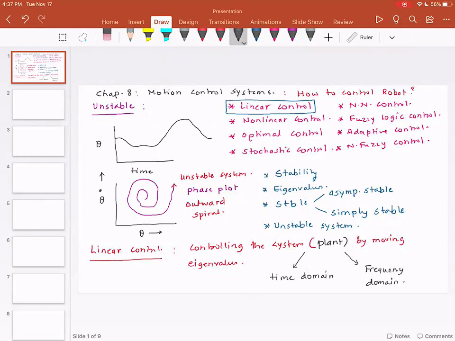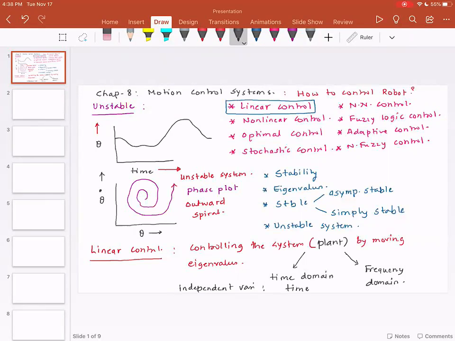So what do we mean by time domain analysis? For that, I want you to look at the figure that we have here. On the x-axis, we have time. On the y-axis, we have the variable that we are interested in. So in time domain, the most important thing is the independent variable, and the independent variable is time.